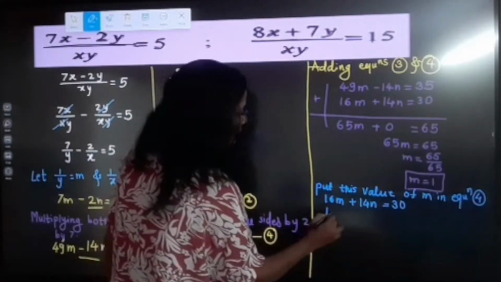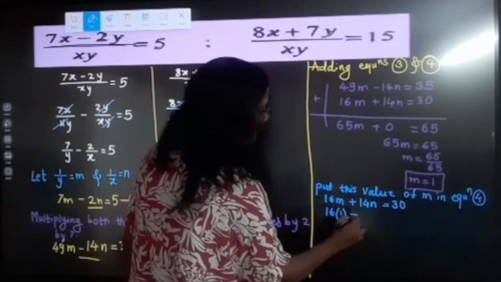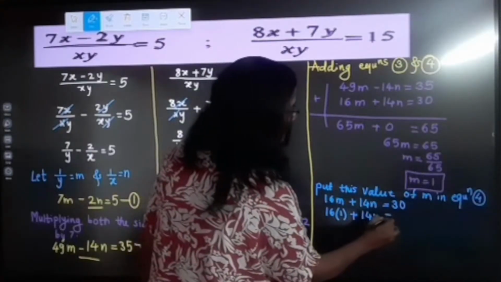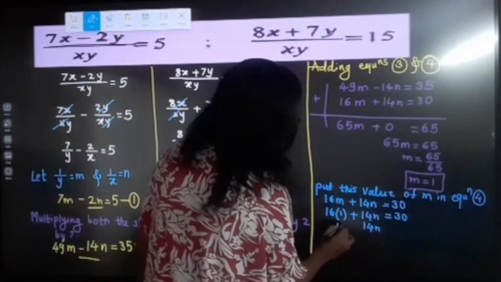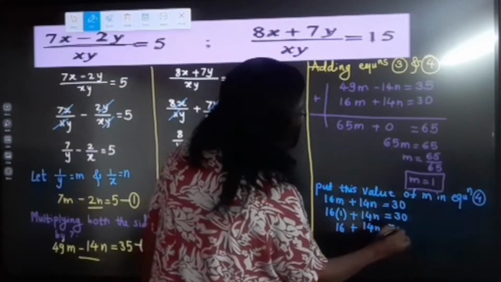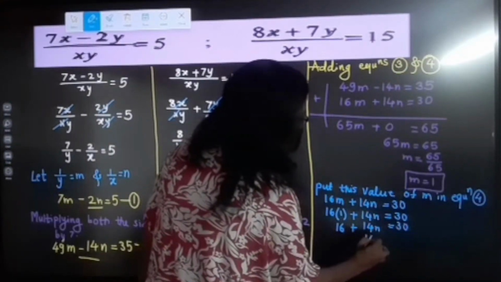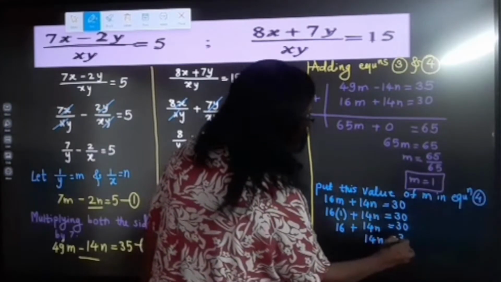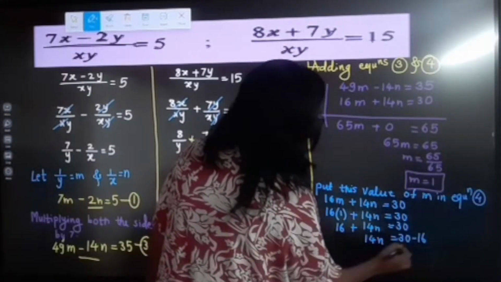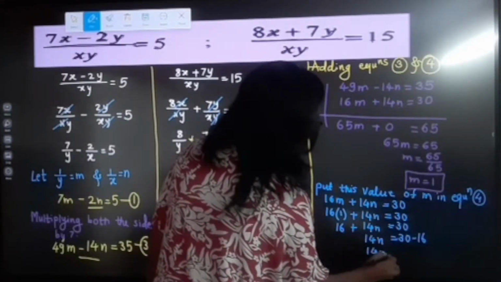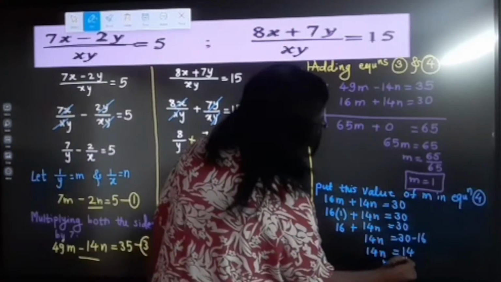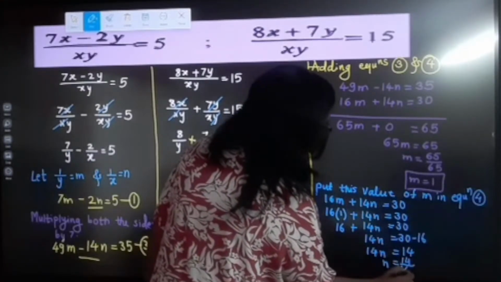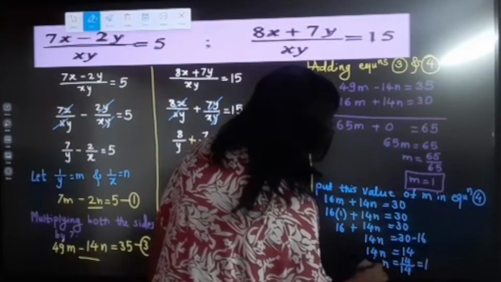So 16 multiply 1 plus 14n is equal to 30. So 16 plus 14n is equal to 30. So 14n is equal to 30 minus 16. So 14n is equal to 14. So n is equal to 14 upon 14, that is equal to 1.